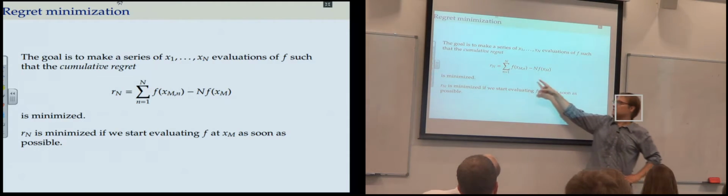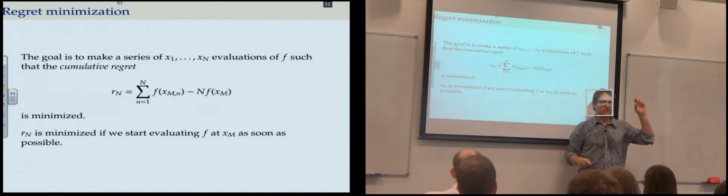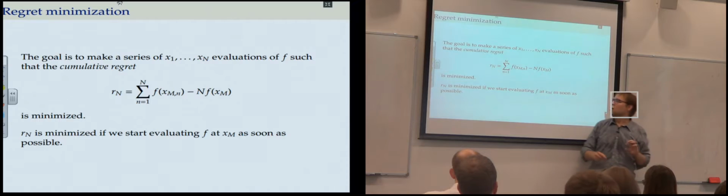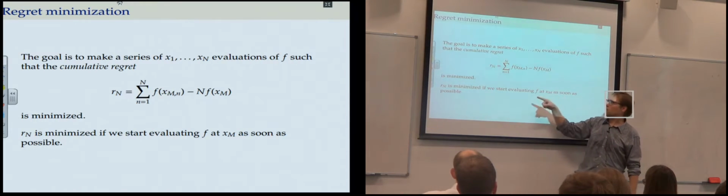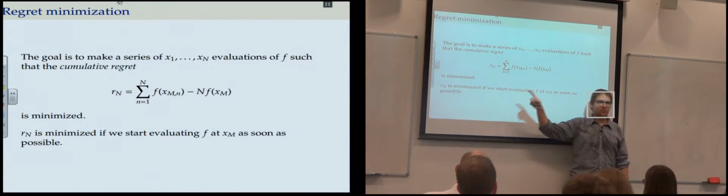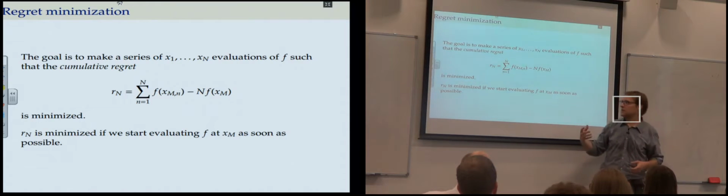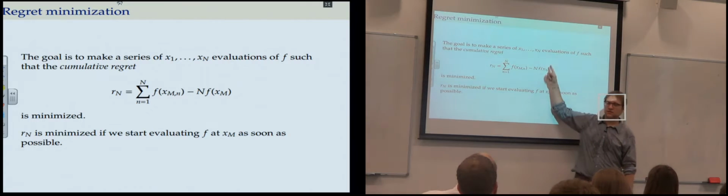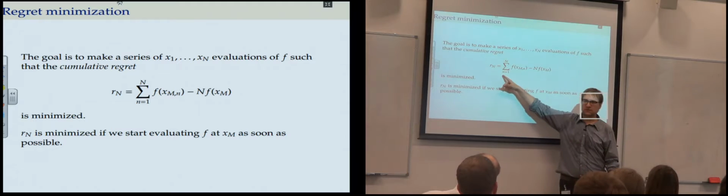Basically, what I'm computing here is the distance from the value of the function at the optimum. I know that I don't know that, but if I knew it, I could compute this quantity. If I propose an algorithm that minimizes this regret, I'm proposing an algorithm that is good, right? Because in the ideal case, if I were hitting the optimum of the function from the very beginning of the sequence till the end, this regret would be 0.